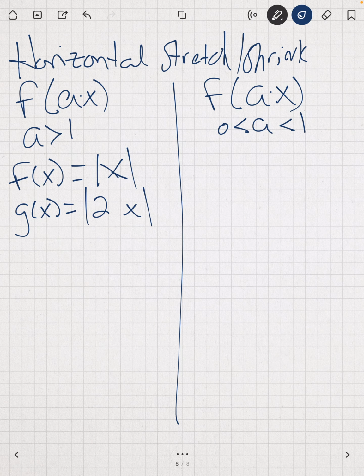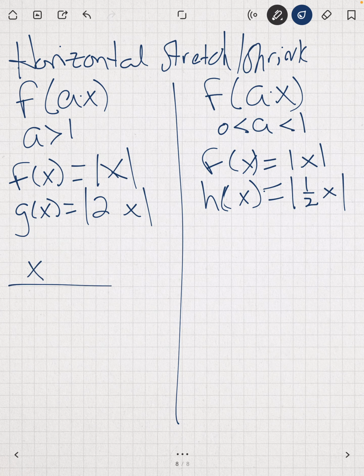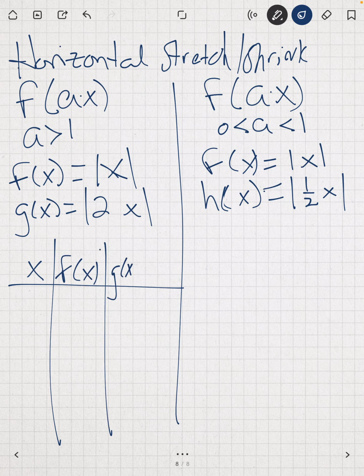And then we'll go ahead and say f of x is still the absolute value of x, but h of x is the absolute value of 1/2 x. So we can go ahead and make our table. x, f of x, g of x, and h of x. And then I will graph it over here.